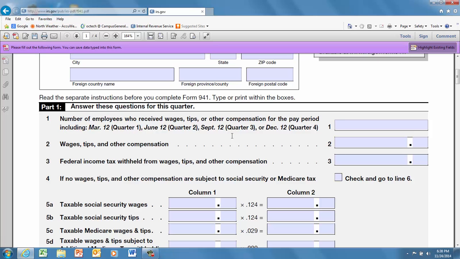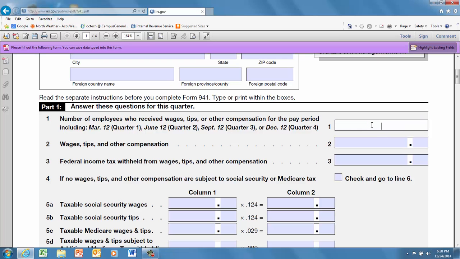Even though they might have gotten a paycheck on September 13th, it doesn't matter. They were no longer an employee on September 12th. Or if we hired a new person on September 11th, even though they haven't gotten their first paycheck yet, they were still an employee on September 12th. Okay?